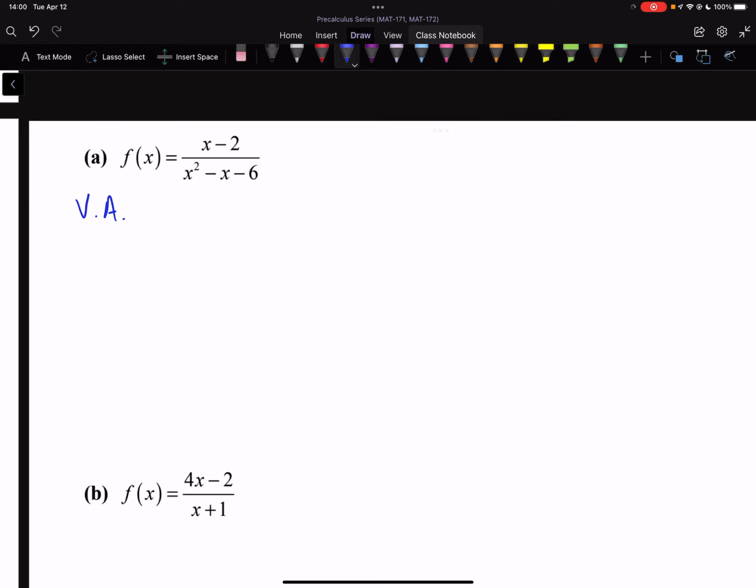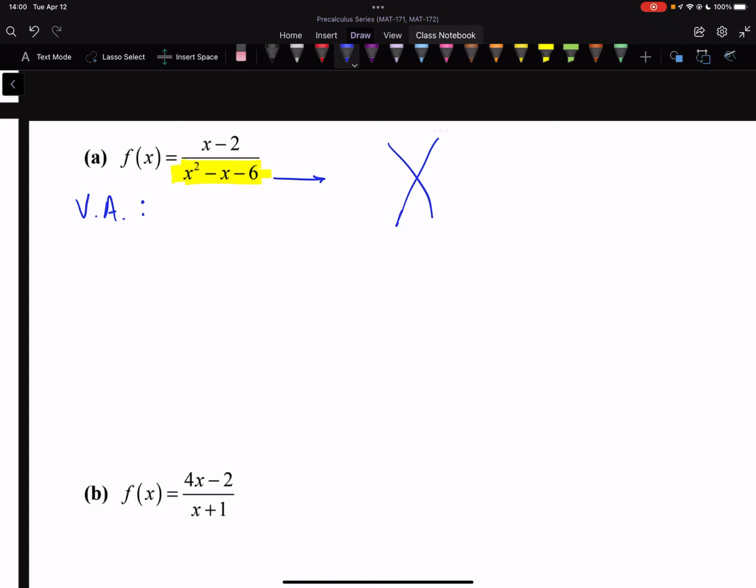So in this particular example, if we look at the denominator, it is a second degree equation, so it's quadratic. It can have up to two zeros or two solutions. We can determine that by factoring it.